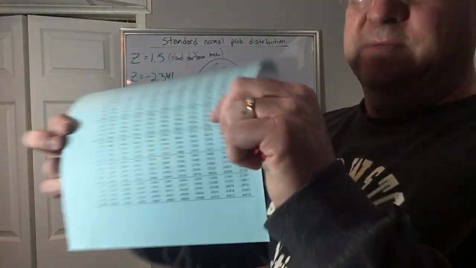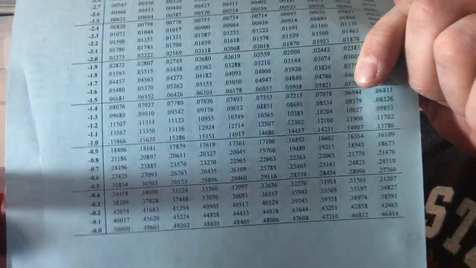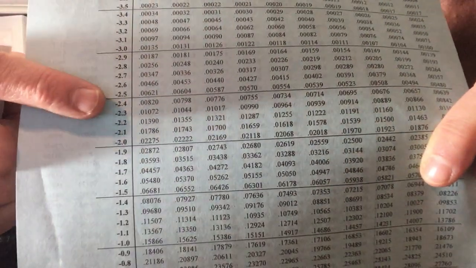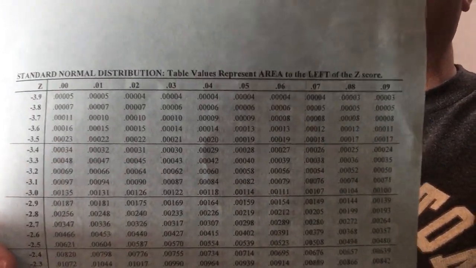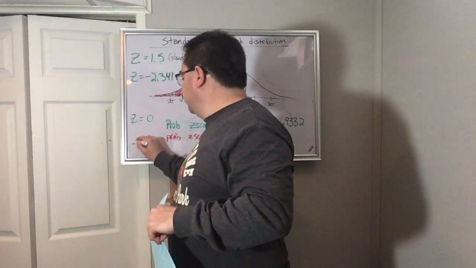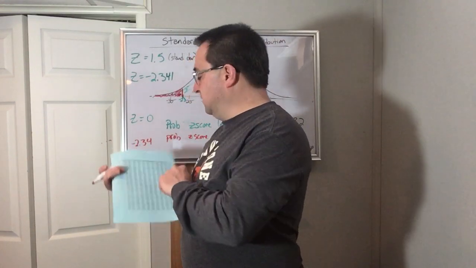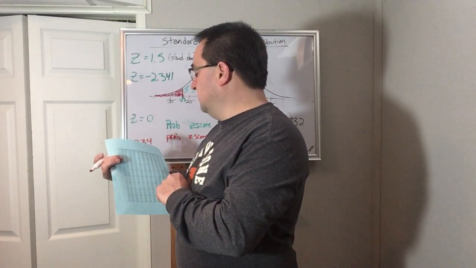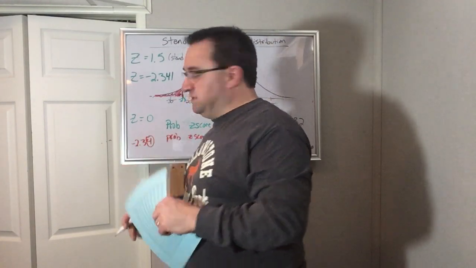So I'm going to go to my table. We'll see if I can get it here. And I want minus 2.3. So this would be minus 2.34. This is the digit we're looking at.